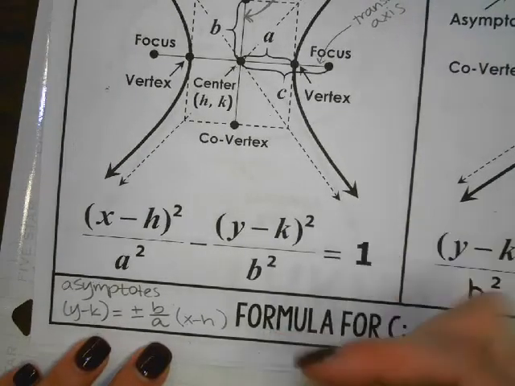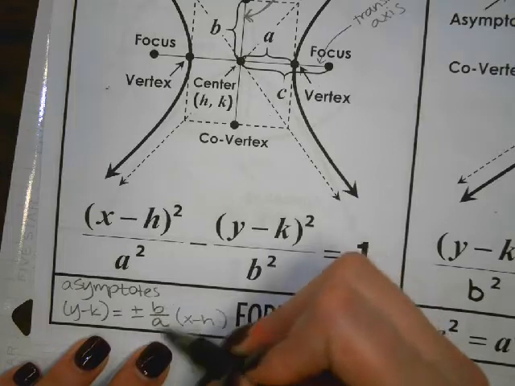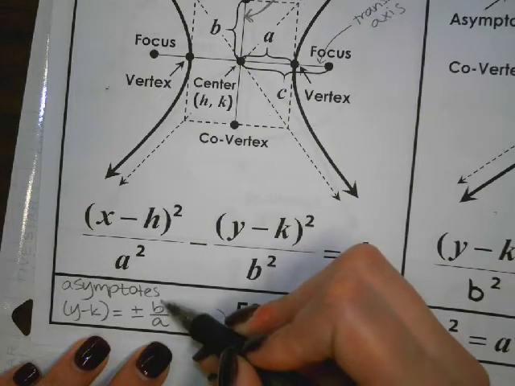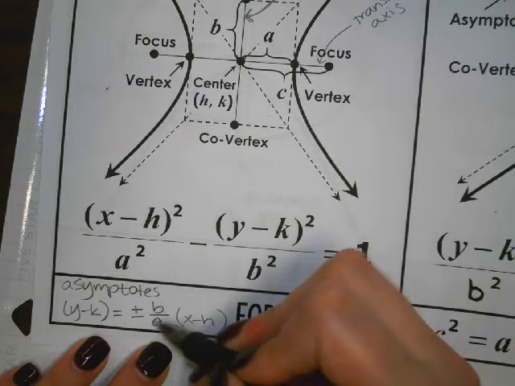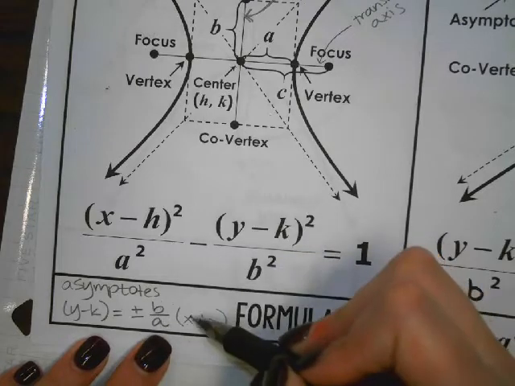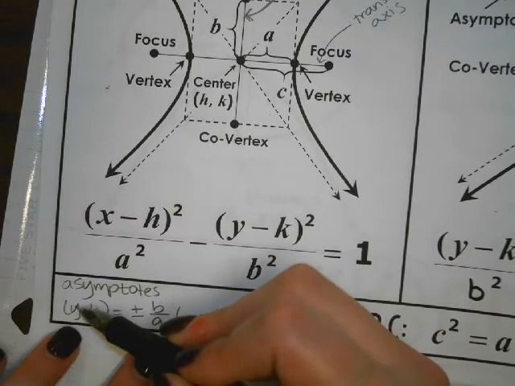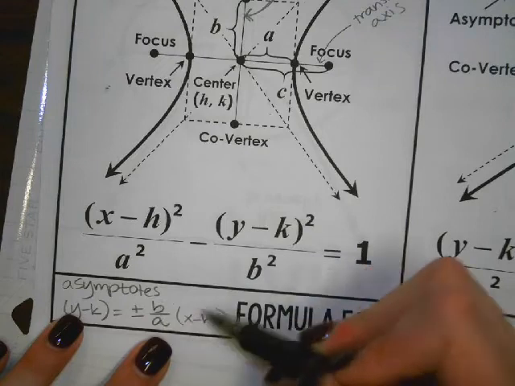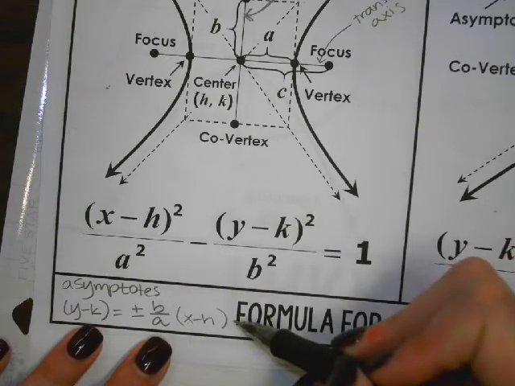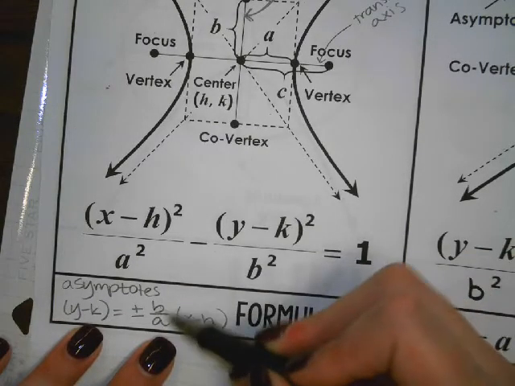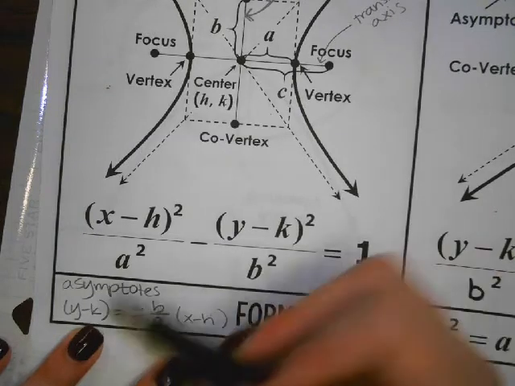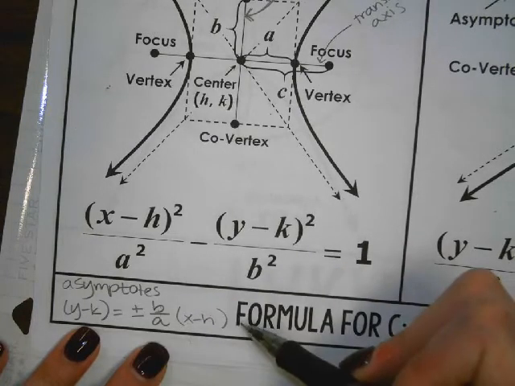So if you can see, the b over a forms the slope. You have the rise, or the up and down part, divided by the run, the left and right part. And then here's our x coordinate, and then here's our y. So y equals mx. The plus b part is going to be formed by taking this and multiplying it by the h, and then taking this k value and moving it over.